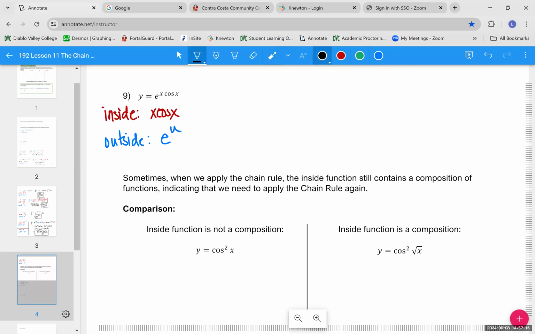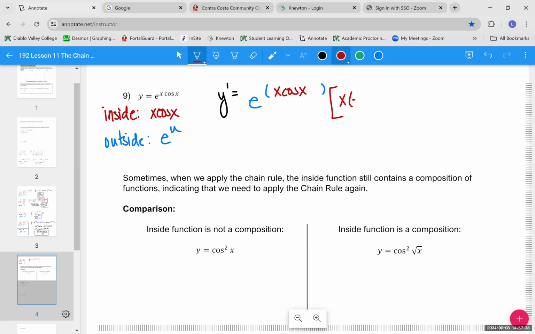So my derivative is e to the u. And I will fill in what that u is. And then now I need to multiply by the derivative of the u, of the inside. And here's where a product rule is going to come in. I don't have any more composites. I just have a straight product rule.